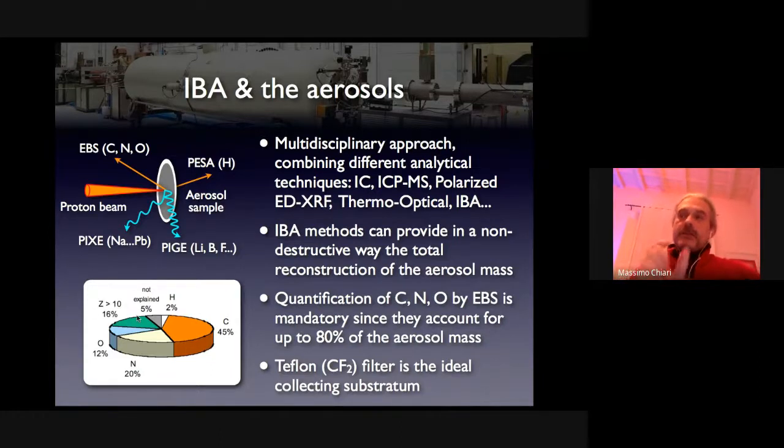So a very small amount. With ion beam analysis, it is indeed possible to determine also carbon, nitrogen, and oxygen using RBS, or actually EBS, elastic backscattering spectrometry, with proton beams.